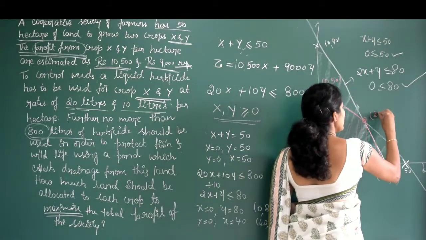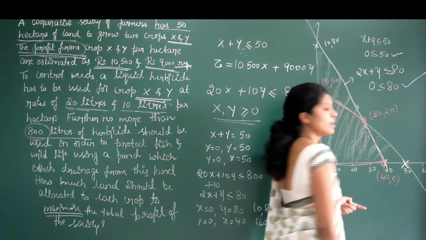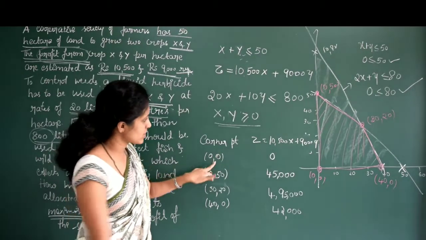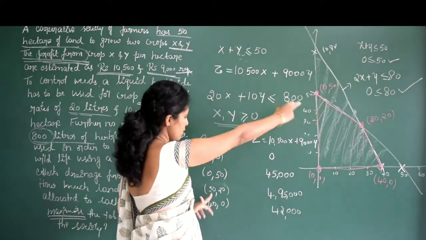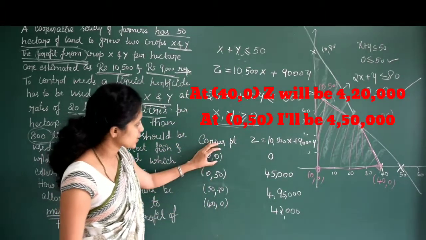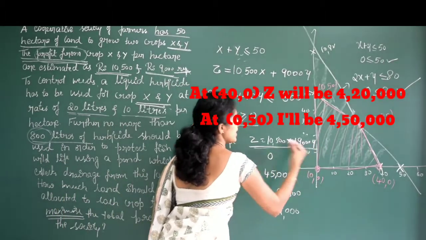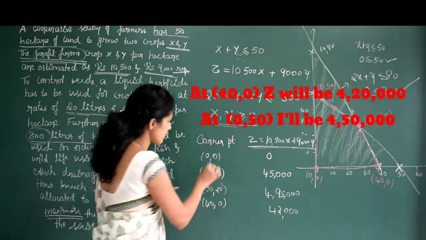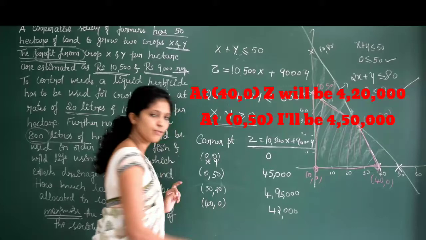Check this point, okay? 30, 20. Now write the corner points: 0, 0, 0, 50, 30, 20, then 40, 0. If you substitute these values in this equation, then 10,500X plus 9,000Y. This is the value of X, and this is the value of Y.